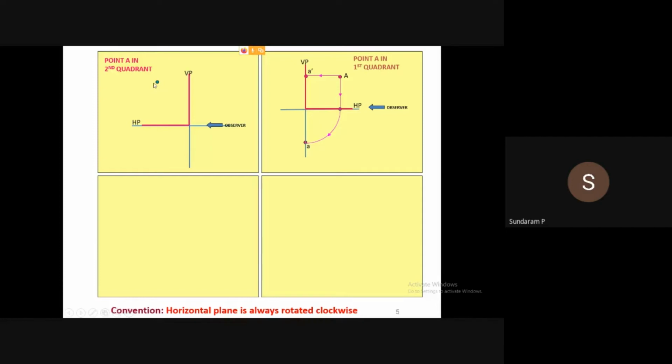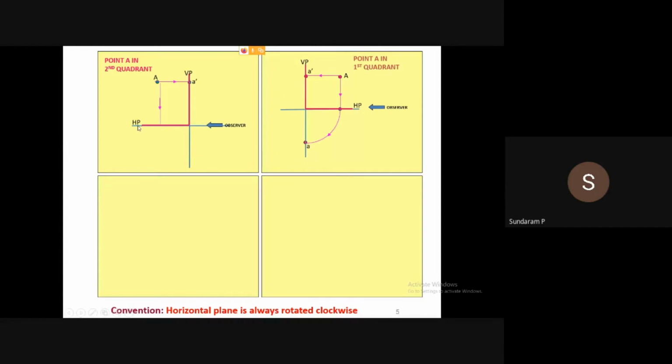So here, how can we draw the front view and top view? When the observer looks from here, we obtain the front view on the same vertical plane. And the top view we obtain by looking from the top, on the ground, on the horizontal plane.